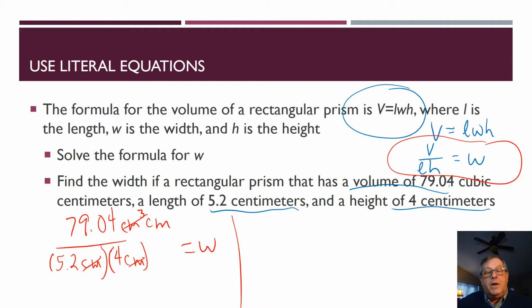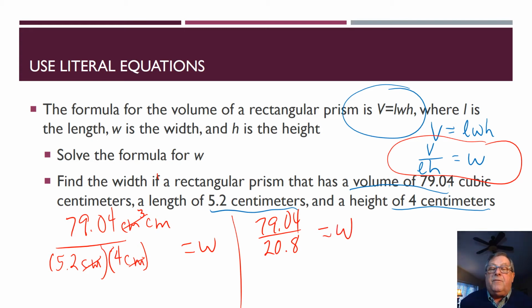That equals 20.8. So now we got 79.04 of volume divided by 20.8. That's the product of our length and our height.